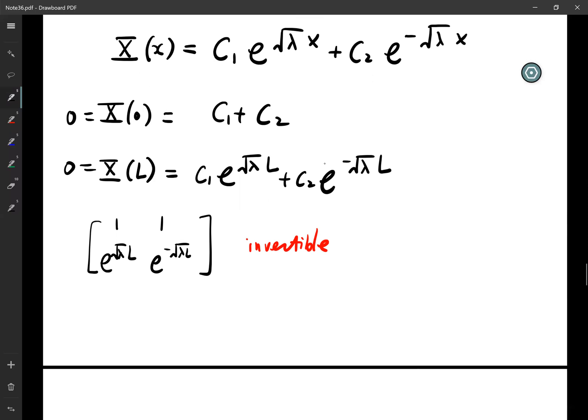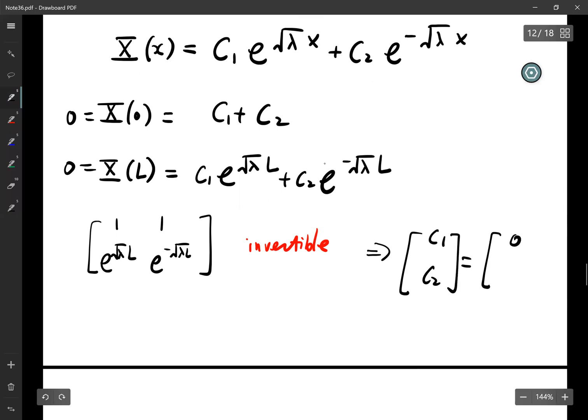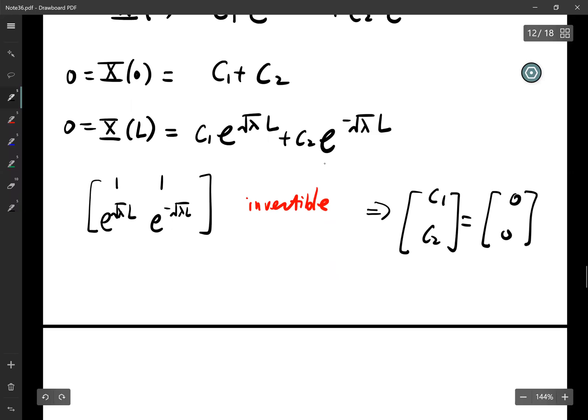So it's invertible. It means that the solution is trivial. So we're done. This is not possible. Everyone got the reason why it's not possible? Good.